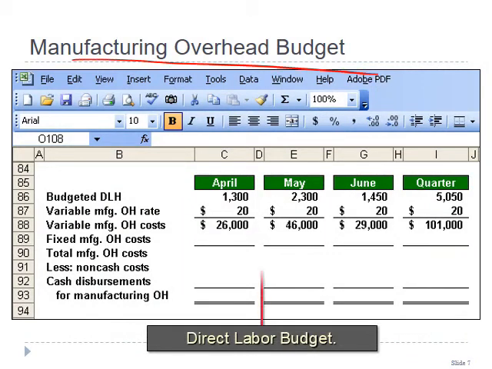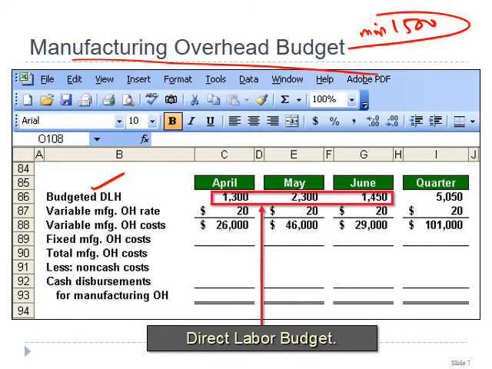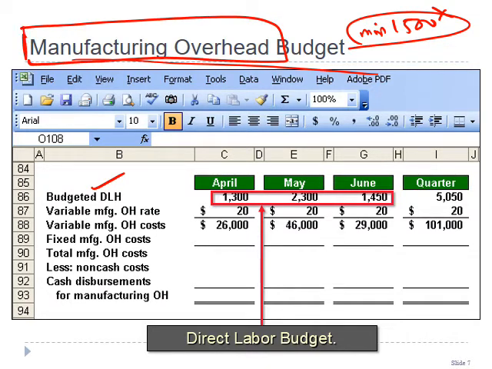Our budget is based on direct labor hours. So that policy of minimum 1500 payment is not applicable because it is based on actual direct labor hours, because we are now preparing a budgeted statement for manufacturing overhead, right?